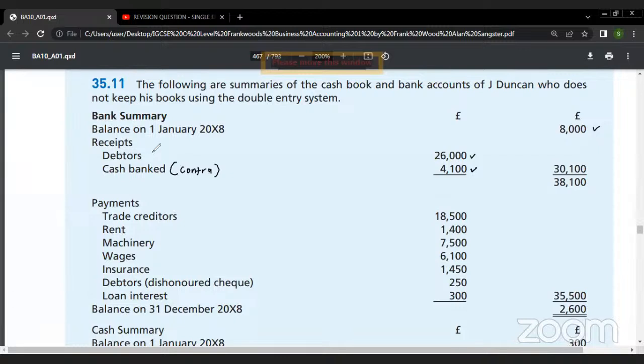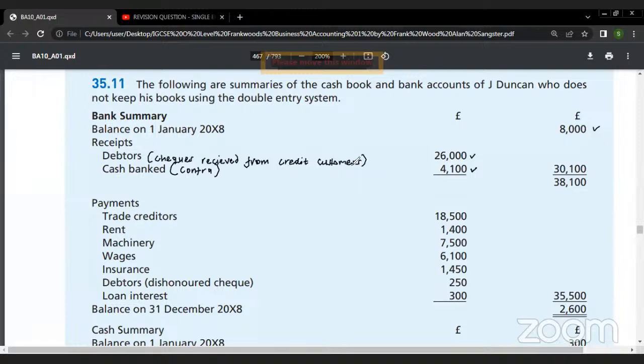Then in debtors, we received some checks. These are checks received from credit customers, but we are looking at the bank summary. Remember, debtors are credit customers.